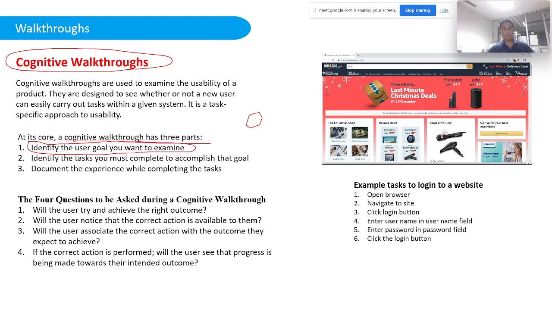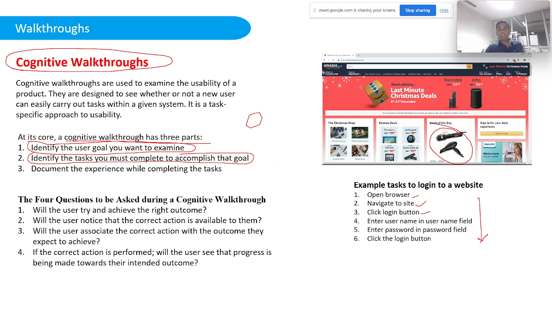For example, here we say buy a hair dryer. Okay, so this is a goal. Now the tasks that need to be performed are also given to the user. So for example, open a browser, navigate to the site, click the login button. So like that, we have a set of activities, and those are given to him.